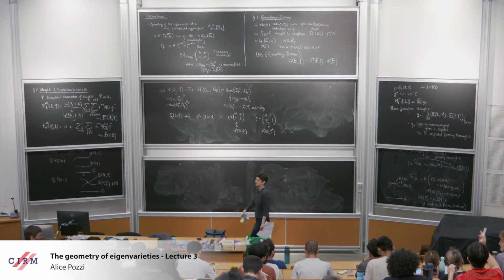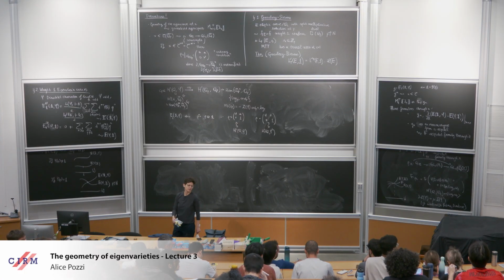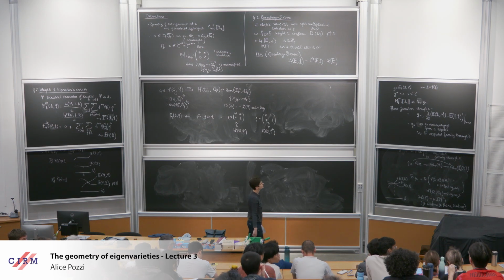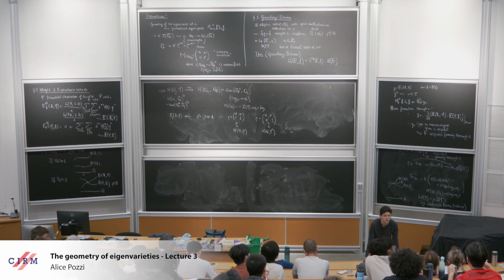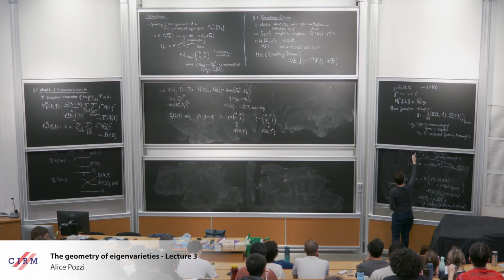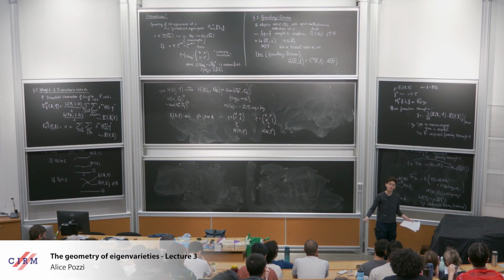Sorry, can I ask? Yes. The statement that G alpha is a classical form, why is there a cuspidal family through G alpha? That's a good question. The fact that it's an overconvergent cusp form is a computation on the constant coefficients at certain cusps.